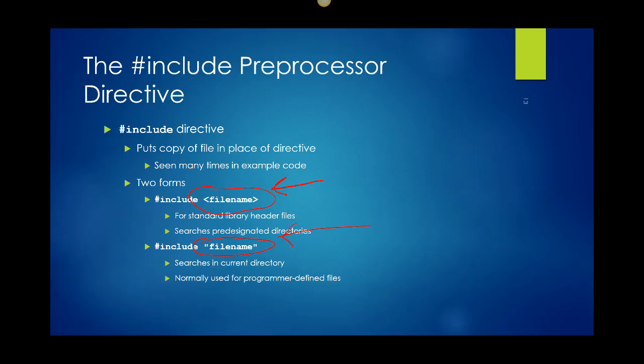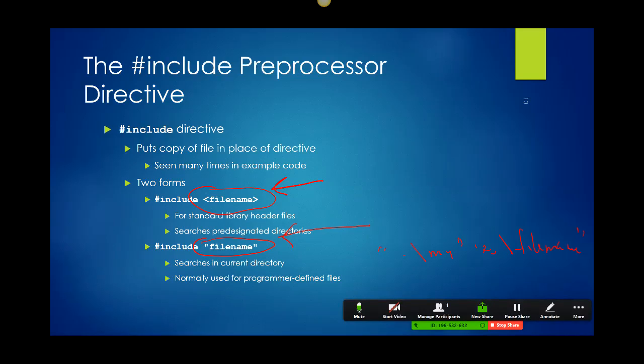Of course, you could make the second form more elaborate, to be actually relative to where you are. So you could simply say pound include some file name, whatever that file name is.